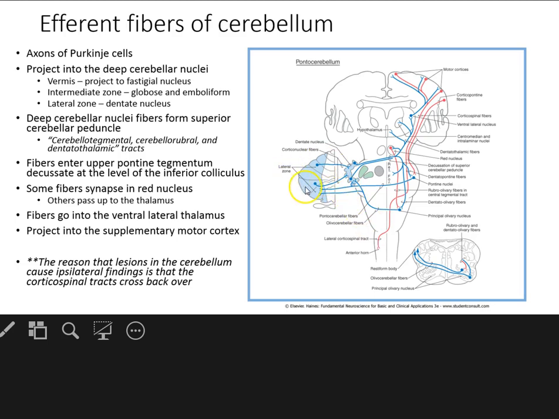So if you have a lesion here in the cerebellum, that information is decussating in the upper pons, moving up into the supplementary motor area, communicating with the corticospinal tracts, which are going to come back down and decussate on this side. So the ipsilateral cerebellar lesion is going to be located on that side.